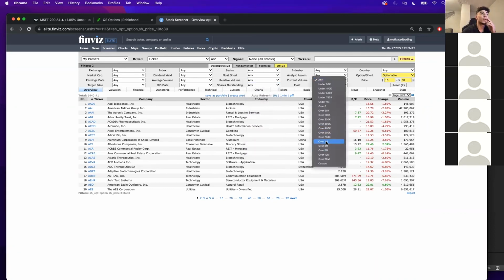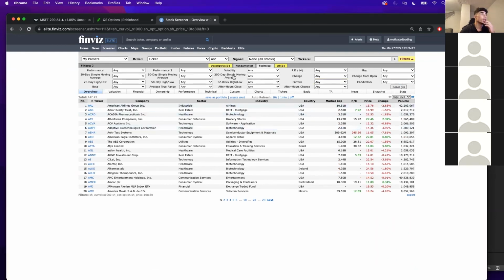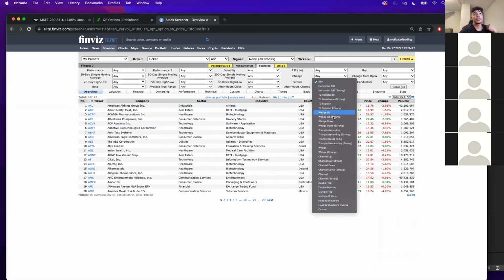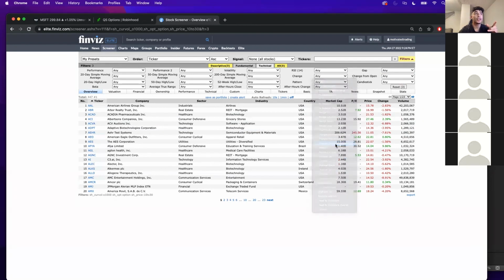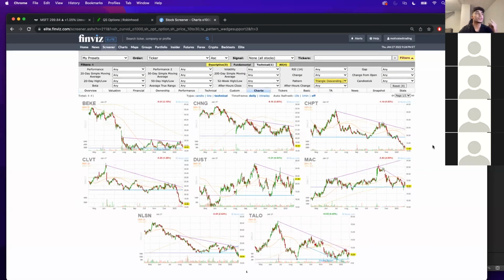Current volume. You want current volume always to be over 1 million. And then you can go to technical. And over here, you can pick different things. What I like the most is the pattern function. My favorite pattern to screen for is triangle descending strong, because when something breaks out of a descending triangle, it breaks upwards.